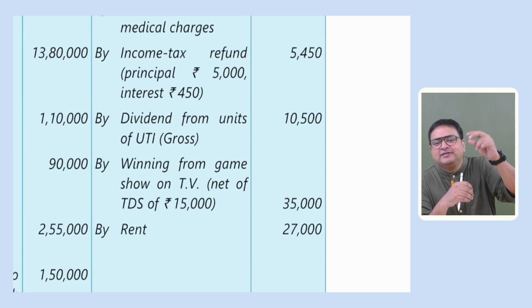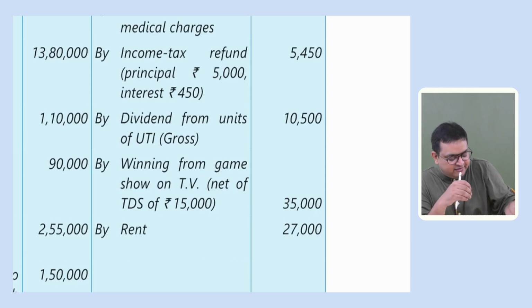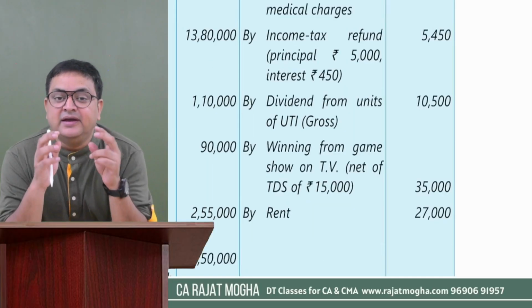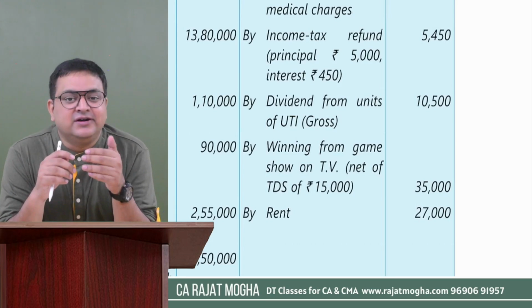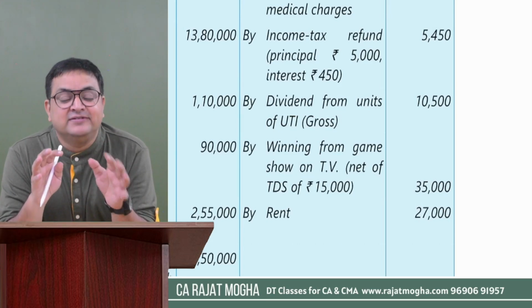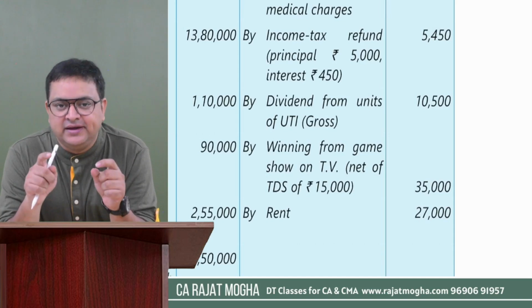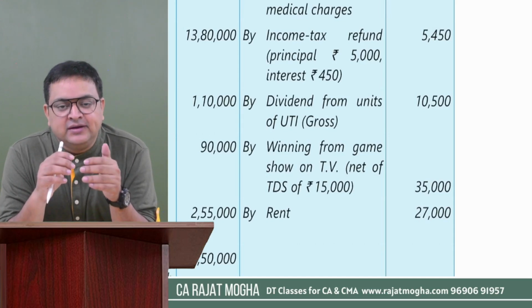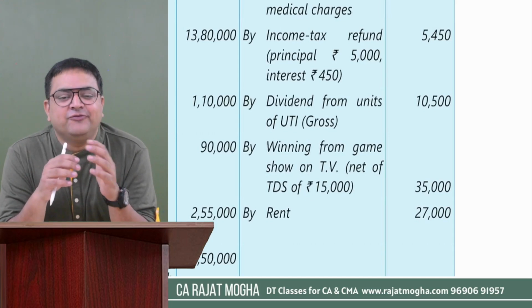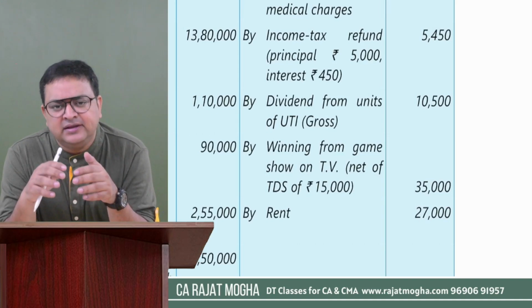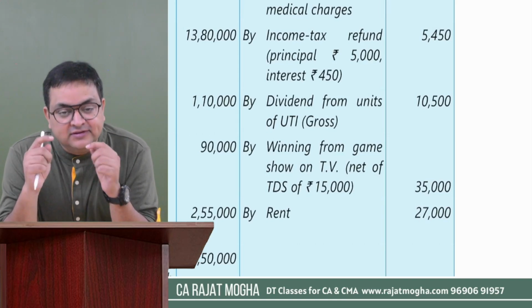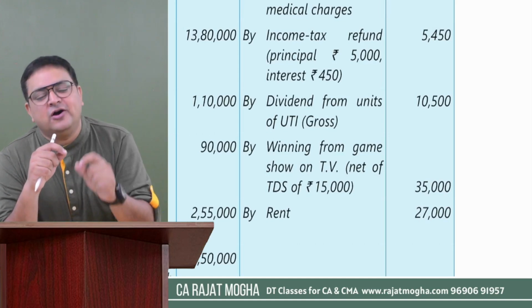From GAV, we subtract municipal taxes paid, then we get NAV, net annual value. Then there is a standard deduction, 30% of NAV. The section number is 24(a), so under 24A, it is 30% of NAV. And if there is any interest on this building, then we have 24B also. This is how you compute your house property income.